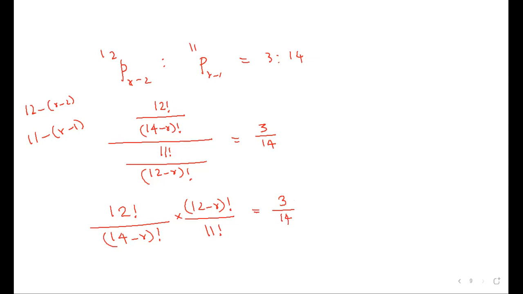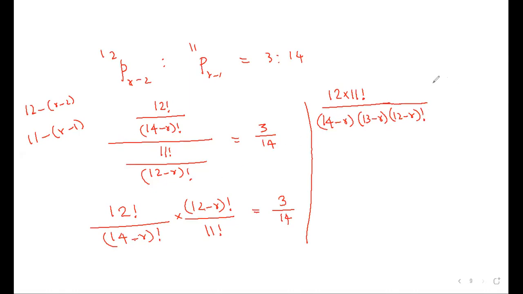So reduce this. How can we write 12 factorial? 12 into 11 factorial, sir. Upon, out of those two, which is bigger, 14 minus r or 12 minus r? 14 minus r. So reduce that: (14 minus r), (13 minus r), (12 minus r) factorial. Everything remaining you have to write like that only.